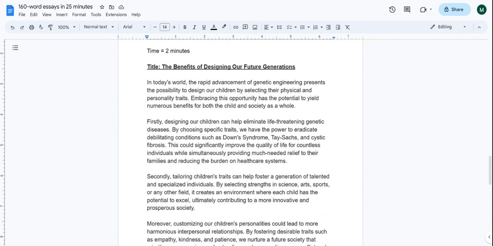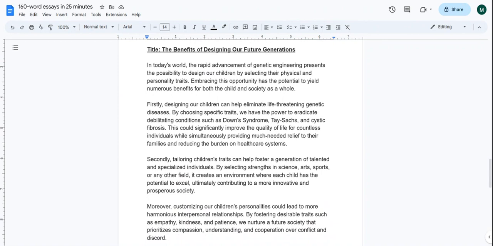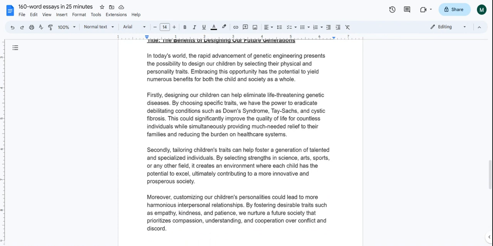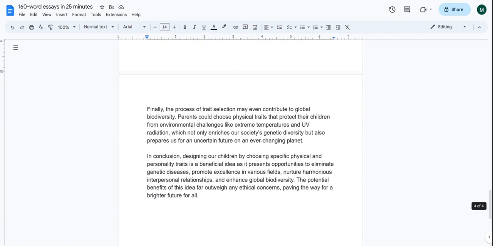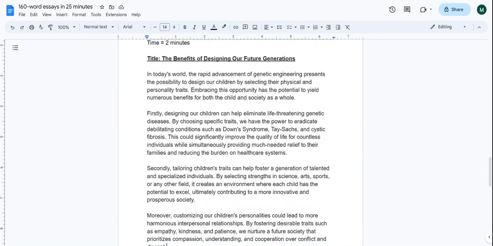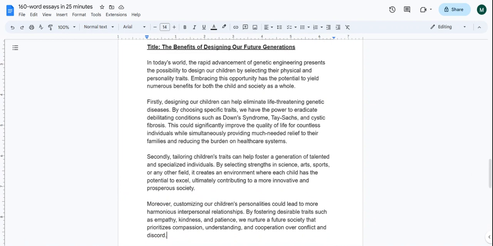Again, it took the AI 2 minutes to write this. It took me 25 minutes to write the other essay. And of course, what we can do then is take the time to shrink this and make it 160 words. So again, it's unbelievable, right, writers.